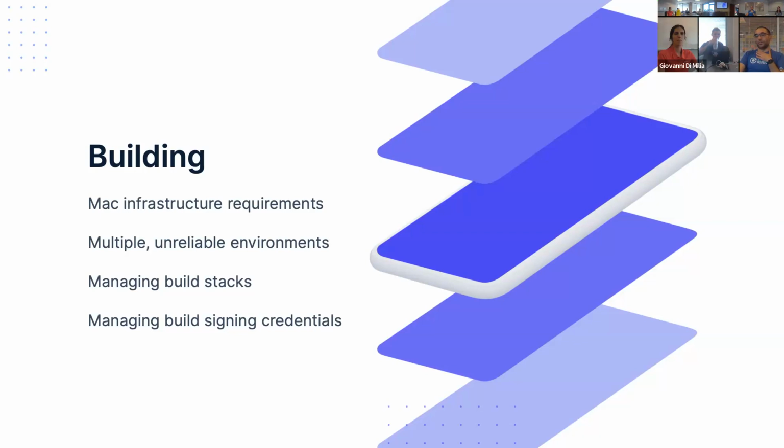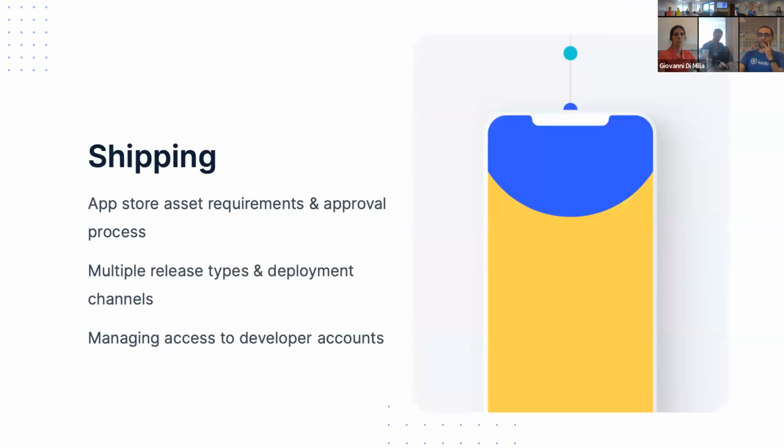And also, this is common between Android and iOS, although again, Apple is more difficult. Dealing with the signing credentials is also pretty hard. Shipping the apps to the app stores is quite difficult too. Especially Apple is quite strict with their terms of service, and the review process takes time.